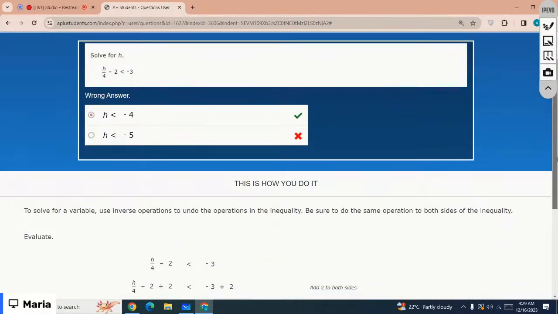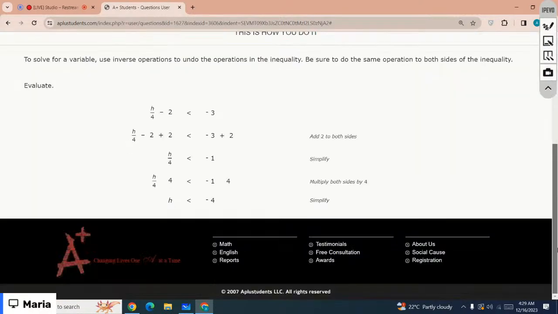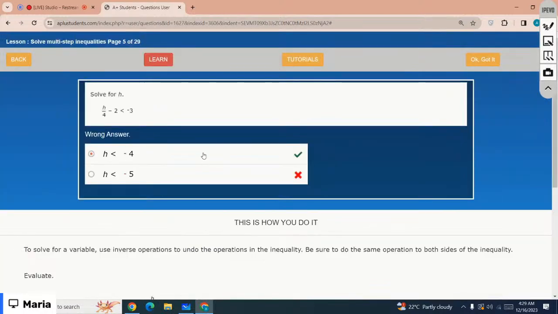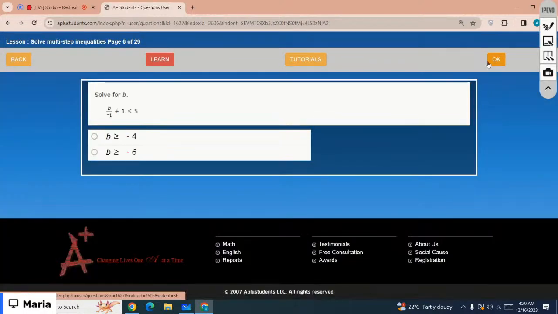Yes, that is option number 1. Okay, the next one is b divided by negative 1 plus 1 is less than or equal to 5. So which is the correct option?